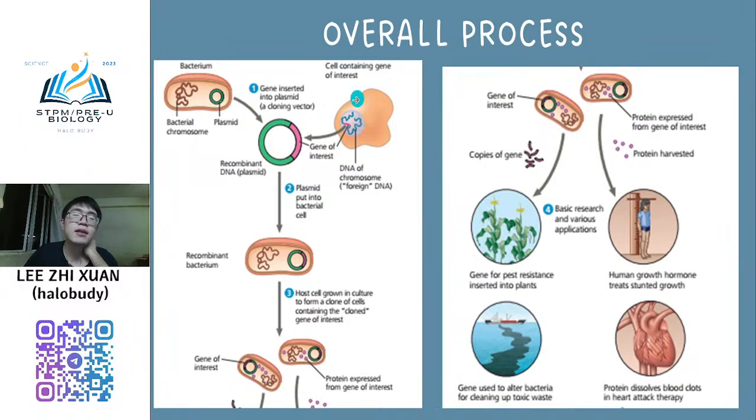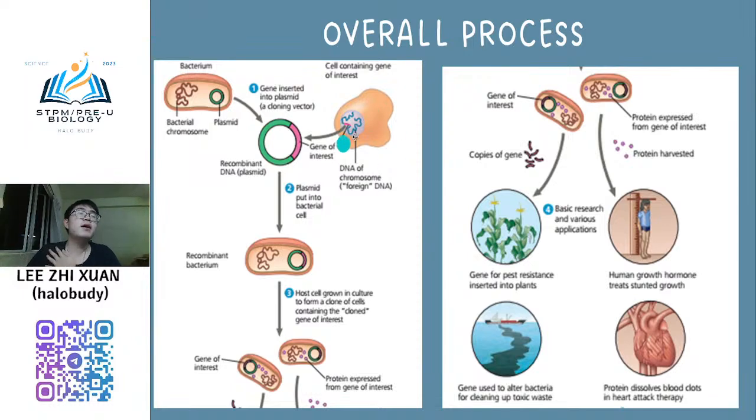Okay, and then after that we will have the gene of interest. Kami kena ambil gene yang kami nak. Because I already said genetic engineering is modifying our gene. So memanglah kami kena ambil gene yang kami nak. Apa gene yang kami nak?